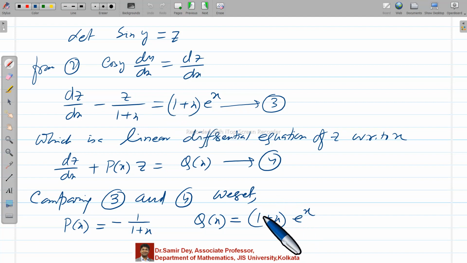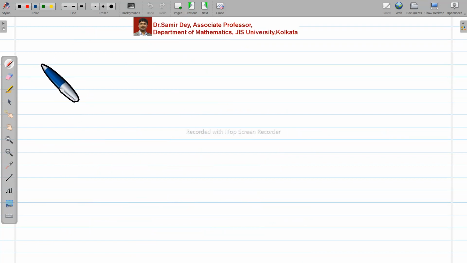Now you compare with the standard form. This is your P(x) and this is your Q(x). What next? Anyone? After knowing it is linear, you have to find your integrating factor. Very good. So now you calculate the integrating factor, which is e to the power integral of P(x) dx.